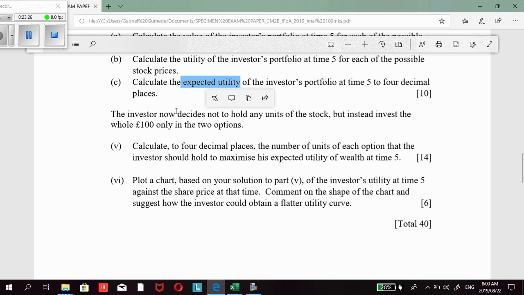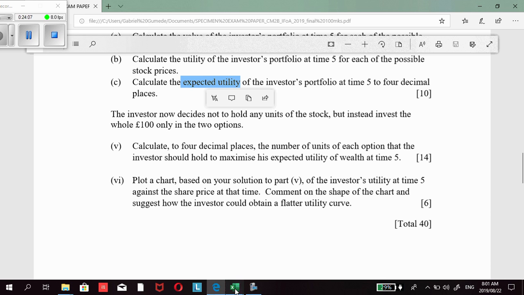Remember from your basic statistics, when I'm looking for the expected value, it will be value times probability, and you'll be adding all of those: value times probability plus value times probability plus value times probability. So here, for the expected utility, I'm going to have utility times probability plus utility times probability plus utility times probability. So let us go and do that.